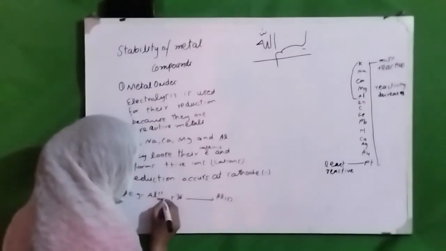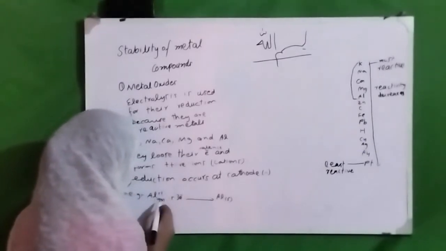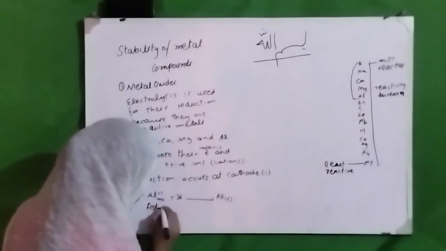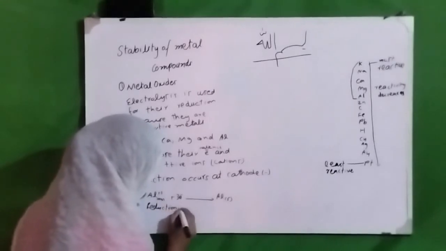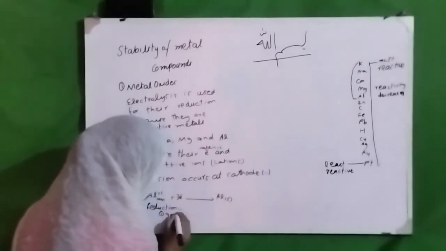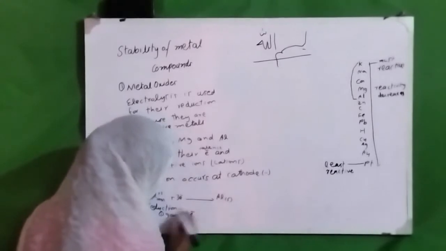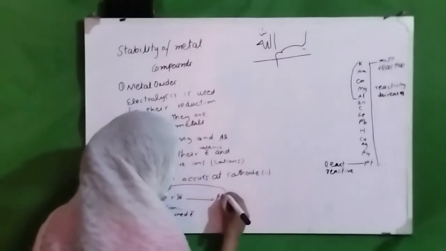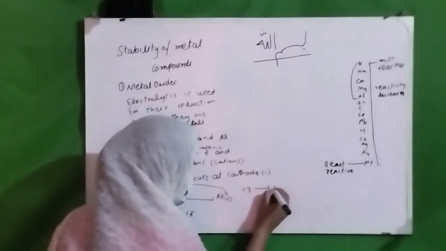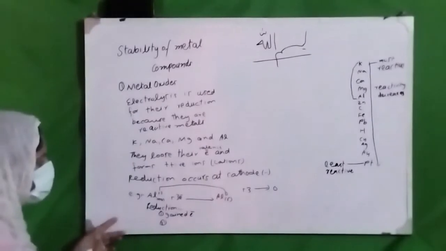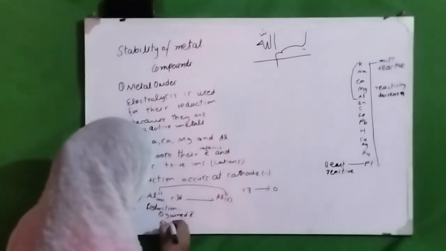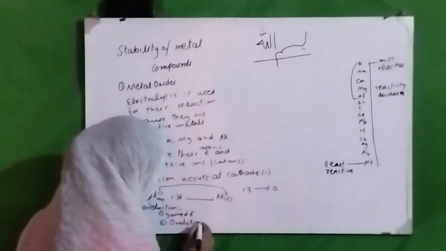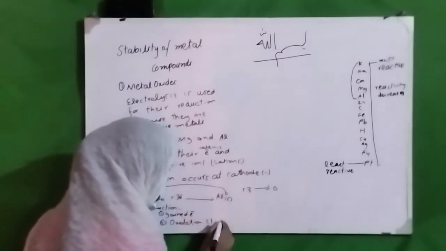Now the reduction has occurred because it has gained electrons and its oxidation state has changed from +3 to 0. A decrease in oxidation state is known as reduction. The oxidation state is reduced.